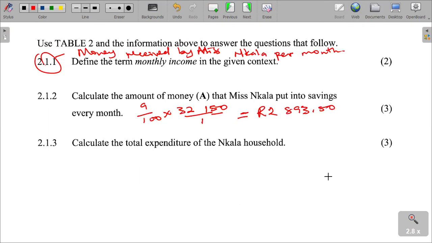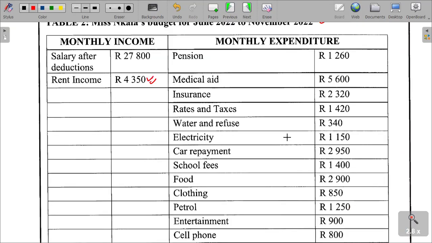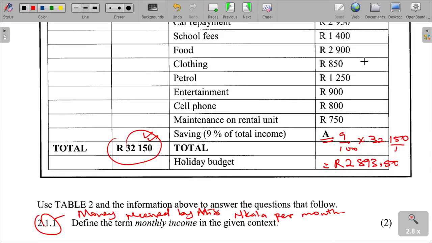Then calculate the total expenditure of Miss Ngala's household. For total expenditure, we add all the expenses that she has, from 1,200 up to 750, which also includes the A that was omitted before.